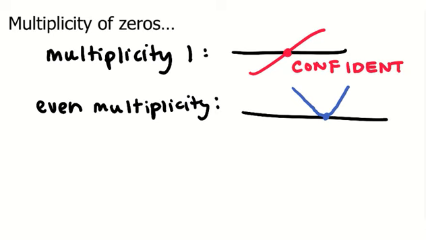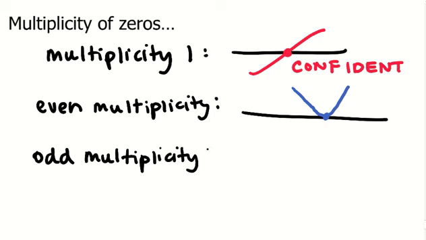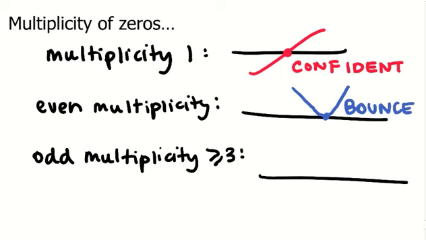Okay. And then if it has an odd multiplicity that's greater than or equal to 3, oh, I forgot to write that this is bouncing. It's going to pass through hesitantly.